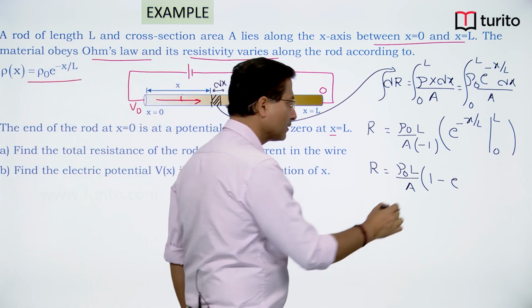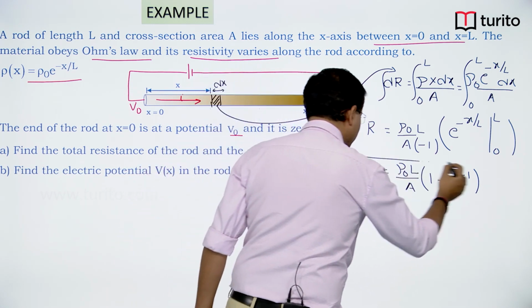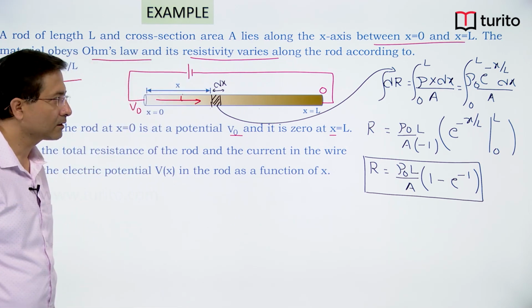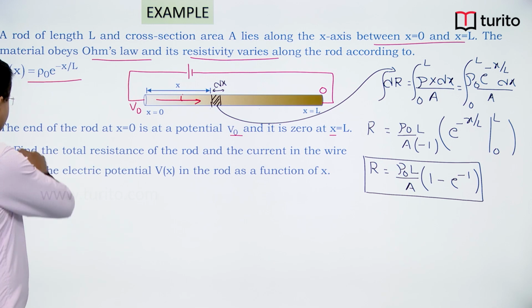So, this is what we have. We got the resistance of the whole rod, first part over.